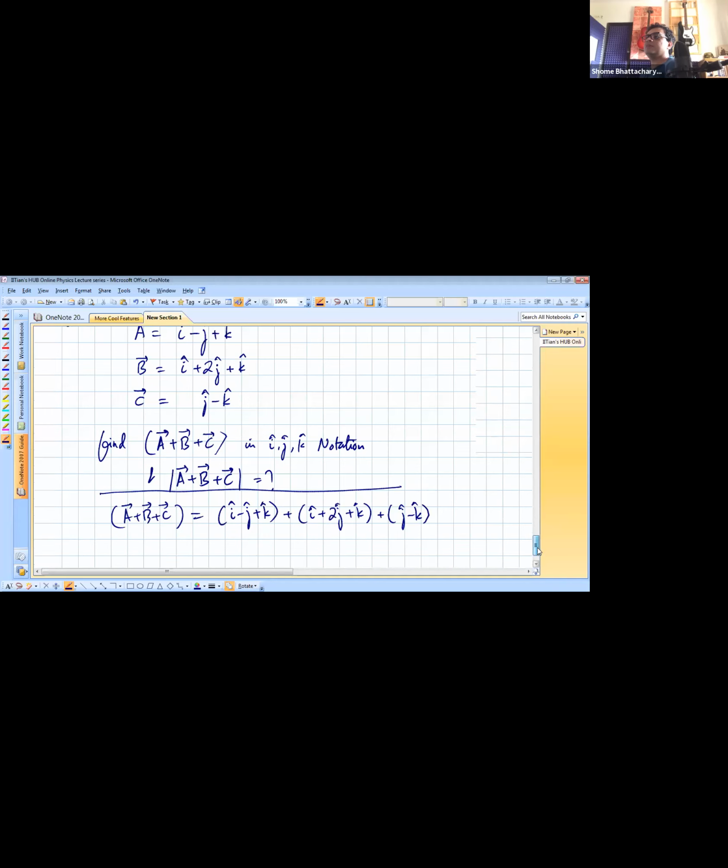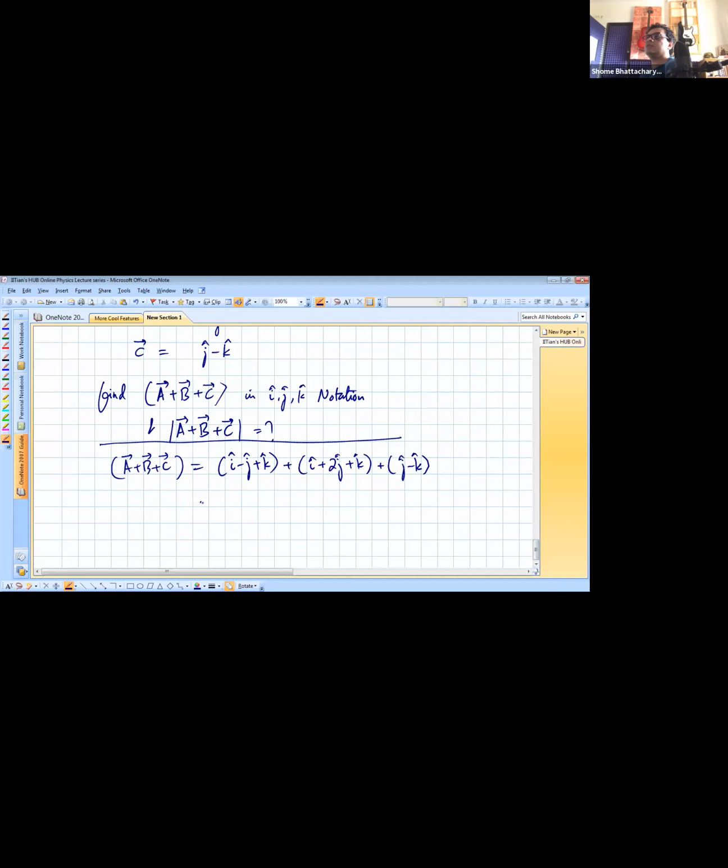So all we have to do is open the brackets now and take I cap common, J cap common. So with I cap we have 1 plus 1 plus 0. That is the sum of the x components. With J cap, the sum of the y components are minus 1, because remember it's algebraic sum. So minus 1 plus 2 plus 1.